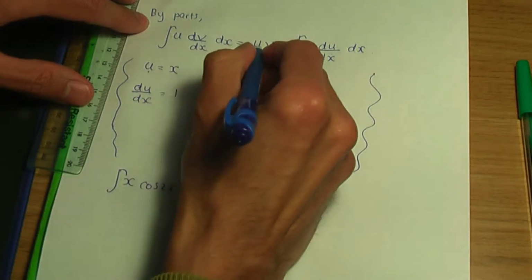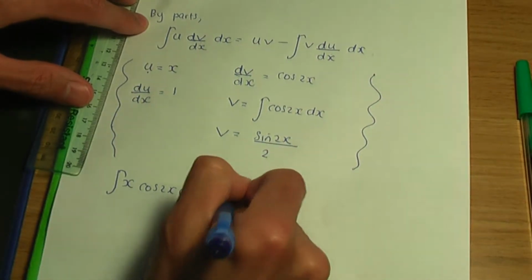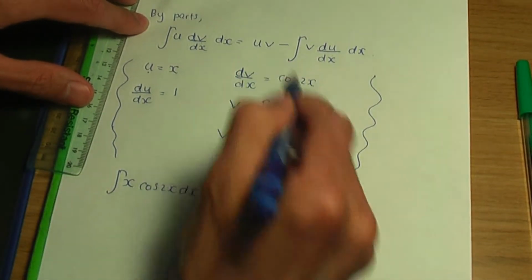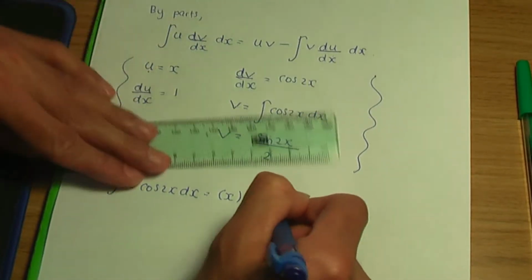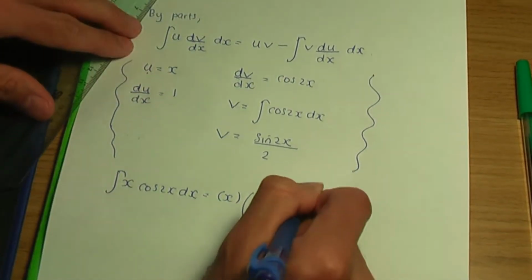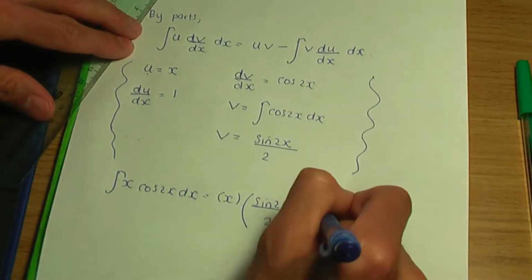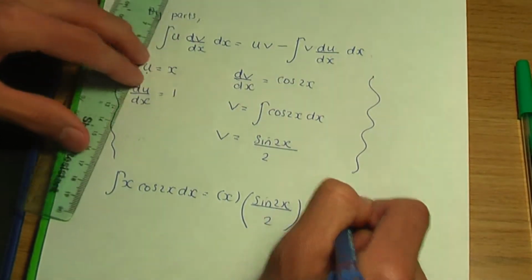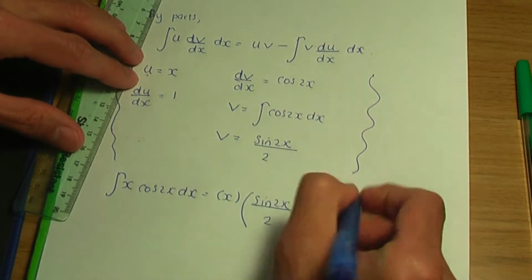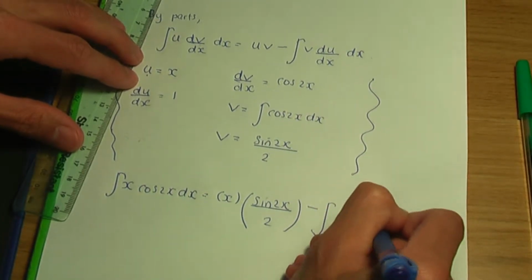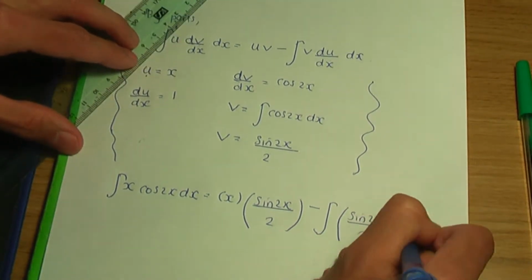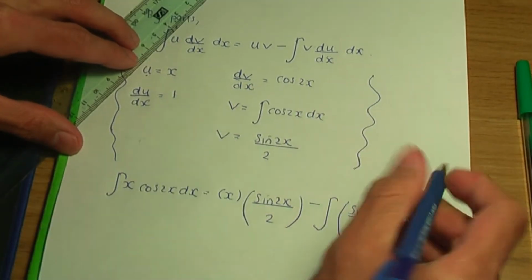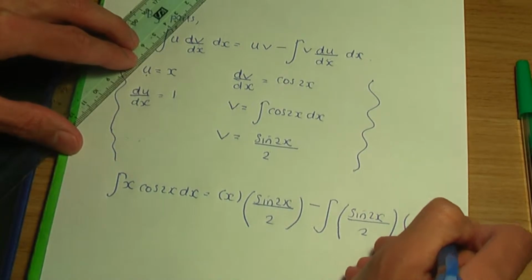That is equal to u, which is x, multiplied by v, being sine 2x all over 2, minus the integral of v, which is sine 2x all divided by 2, multiplied by du over dx, that being 1.